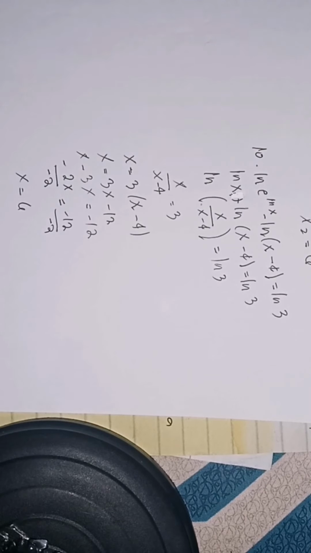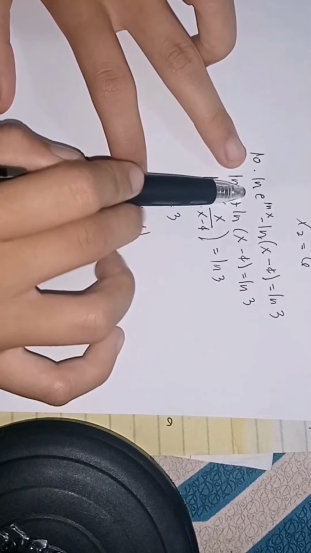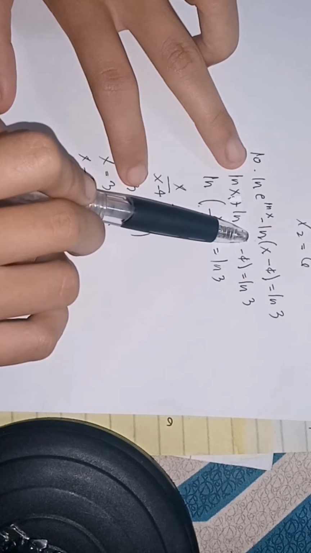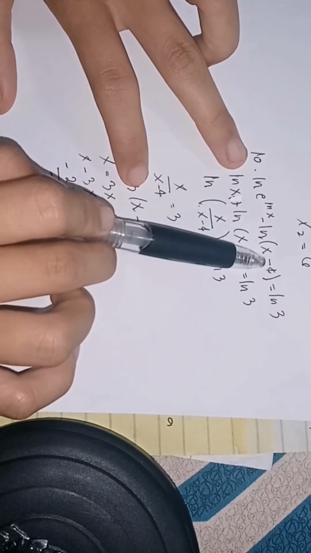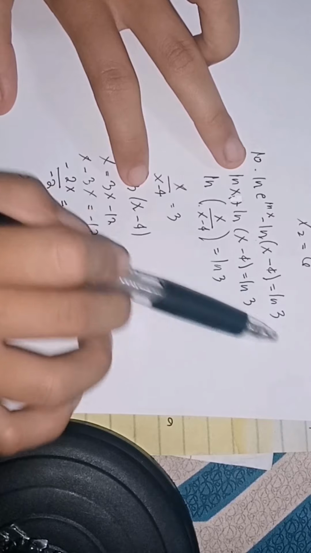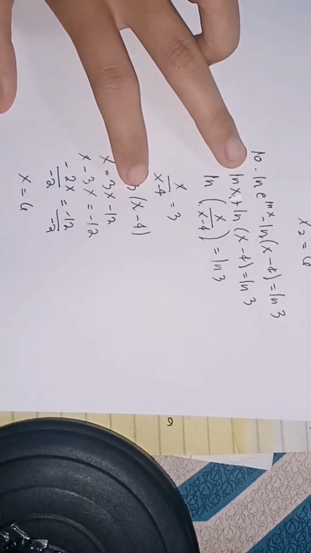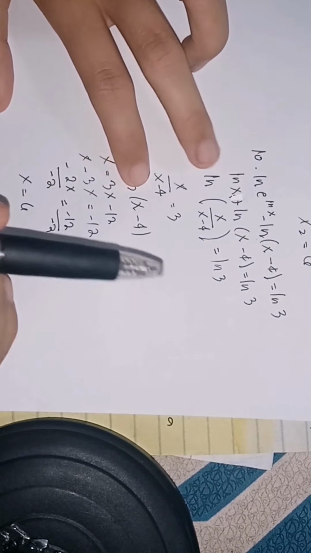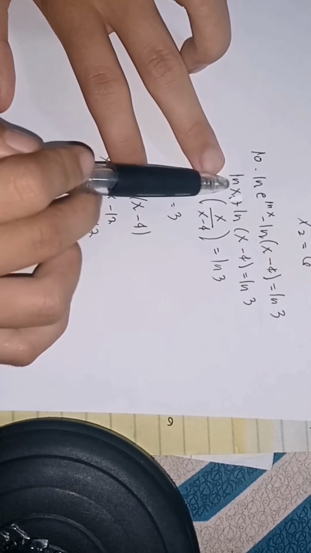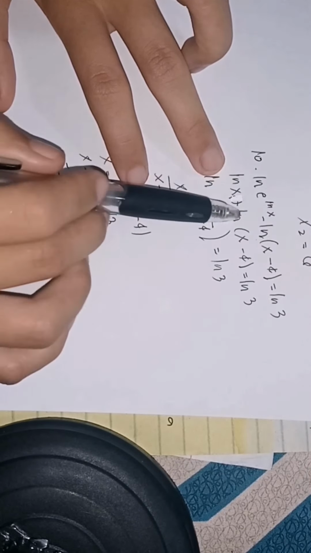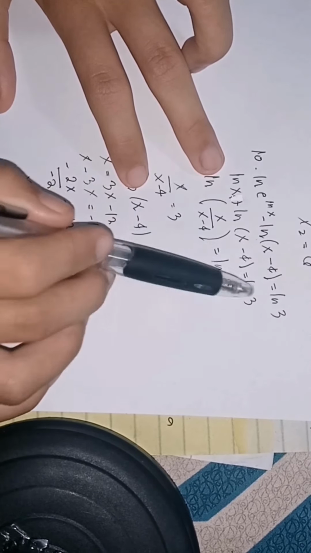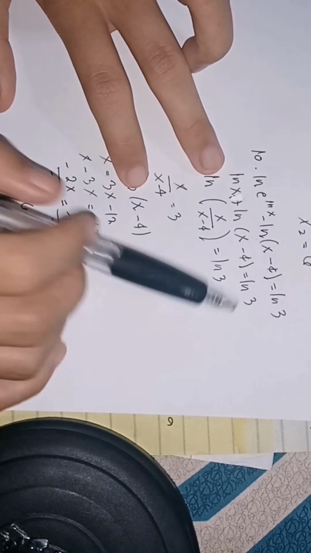So, problem number 10: ln of the exponent x minus ln of the quantity x minus 4 is equal to ln 3. So, first we must simplify this. ln x plus ln of (x minus 4) is equal to ln 3.